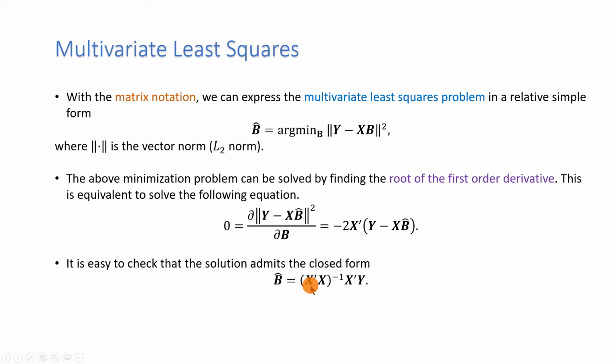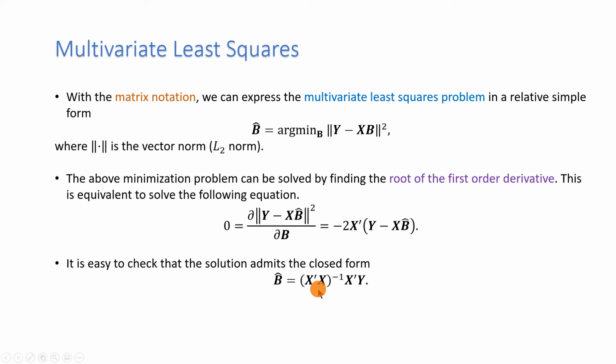In this case, we need to calculate the inverse of x transpose times x, which is of dimensionality p plus 1 times p plus 1, right? And if n is smaller than p plus 1, this x transpose x will not be a full rank matrix.